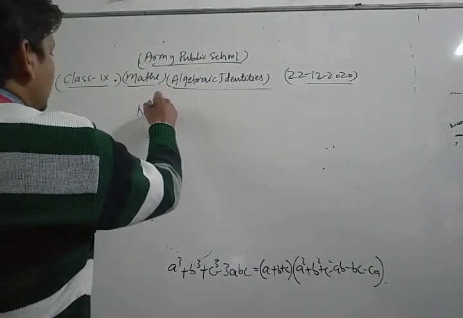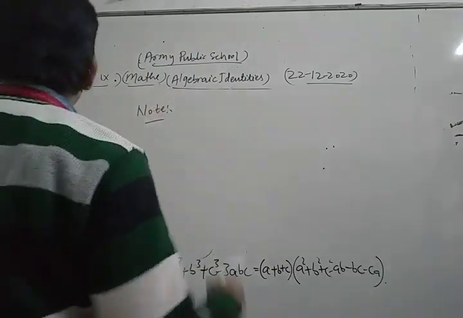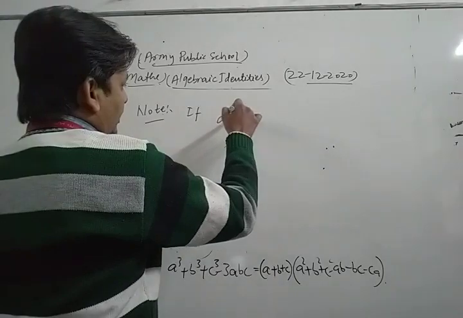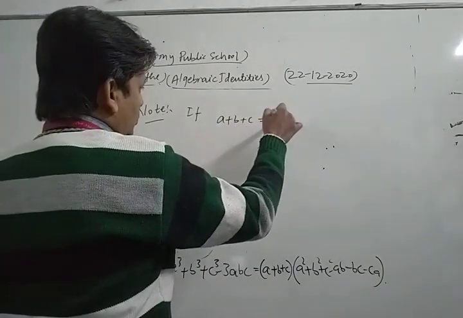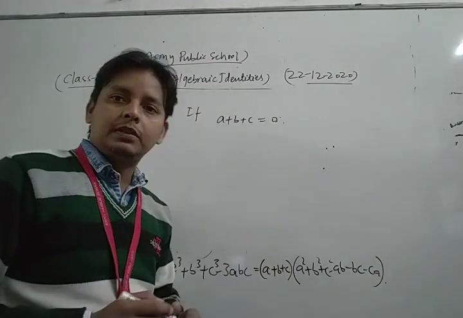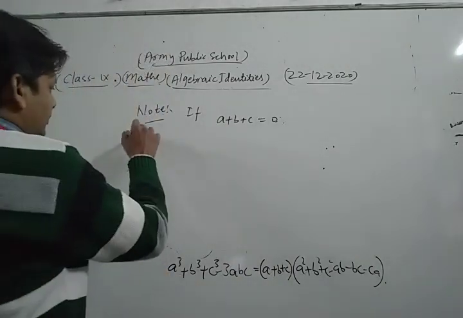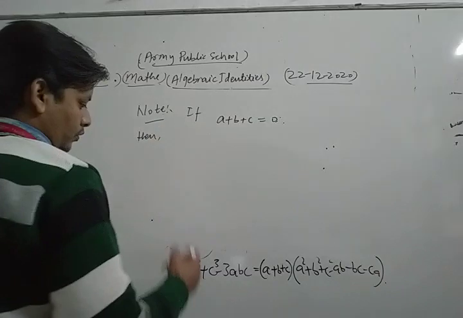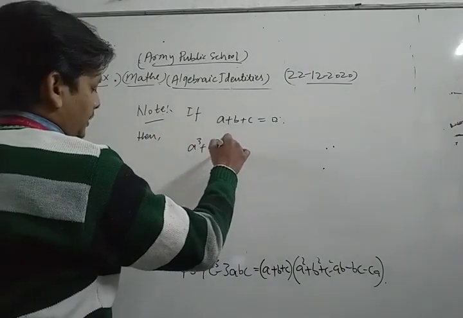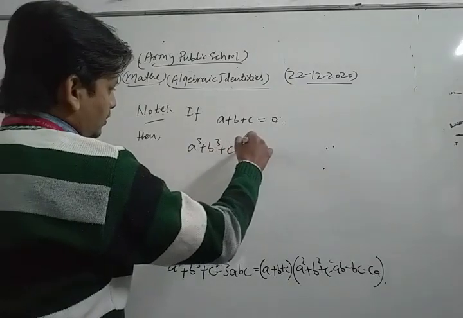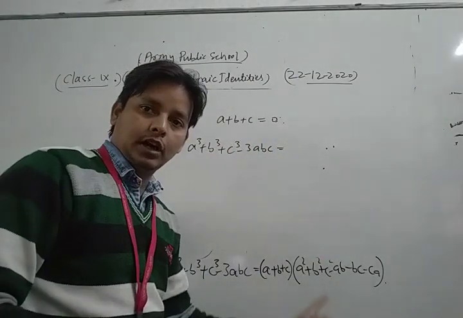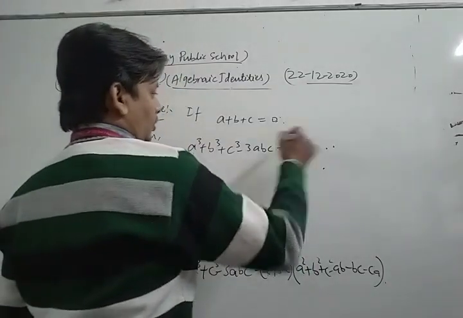Please note down, dear students, if the value of a plus b plus c is equal to 0, then what is the value of this? Then the value of a cube plus b cube plus c cube minus 3abc is 0 into that, so it is all equal to 0.